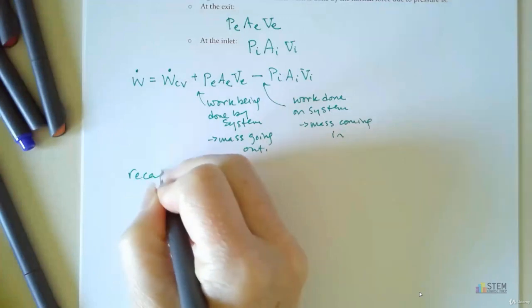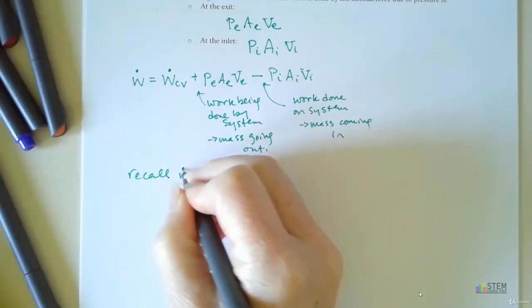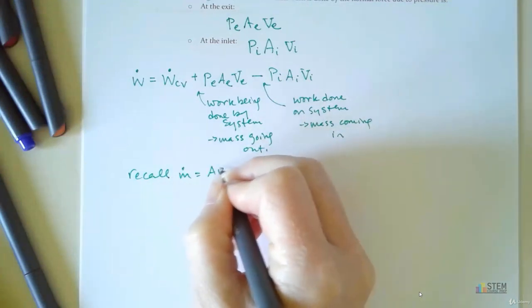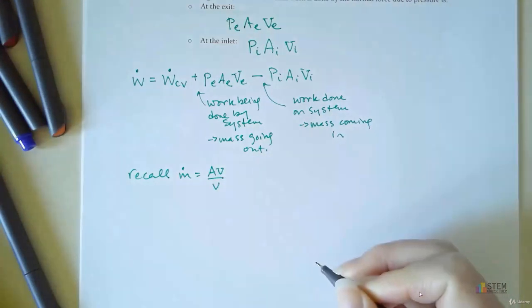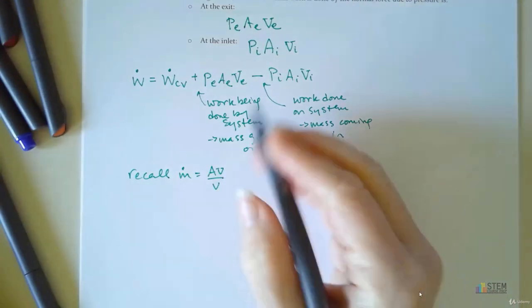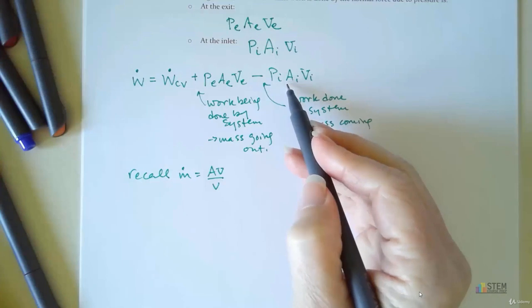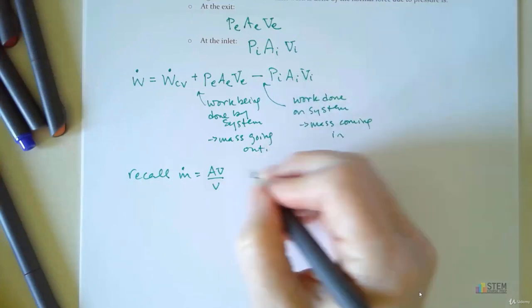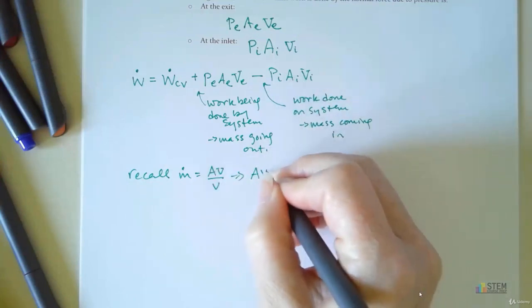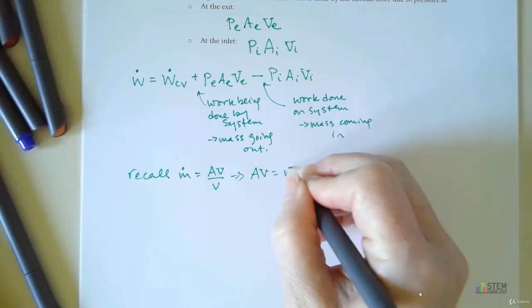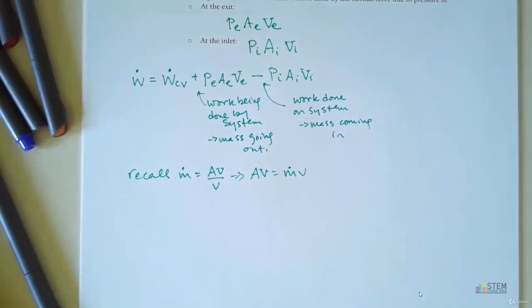Remember, we're going to expand on this a little bit. Remember, m dot is equal to volumetric flow rate over v. So notice we've got AV in here. Let's solve this equation for AV. So AV is m dot times specific volume.